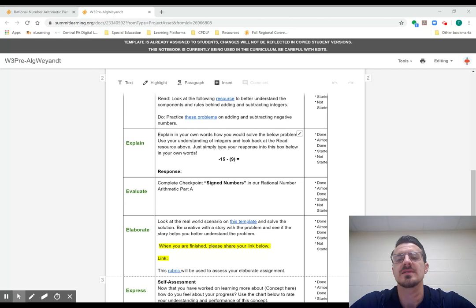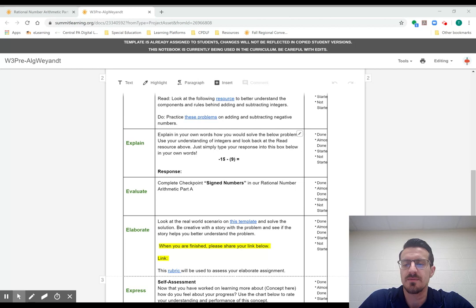If I have different signs, I always put parentheses around the second number because it keeps it separate from the operation, otherwise it looks confusing to me. So -5 plus 4, again, we subtract: 5 minus 4 is 1, and we keep the sign of the larger number, which ends up being negative.